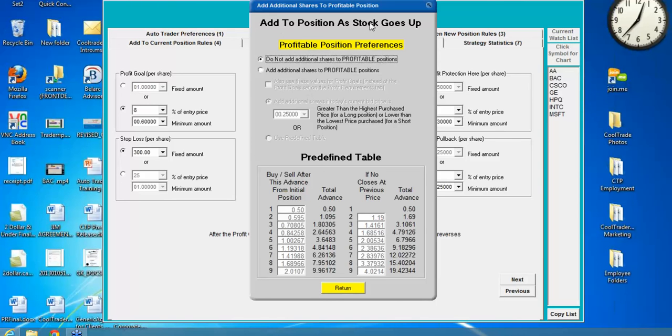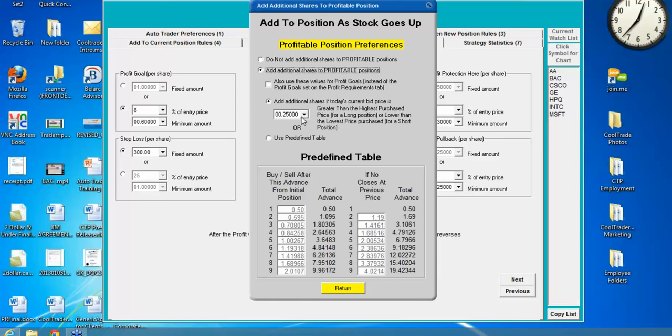But we've got predefined tables in here, and this one here is add additional shares to profitable positions. So if a stock is going up and you wanted to add to your position as the stock is going up, you could use these predefined tables. And you could say, for example, if you were using this feature here, if the stock goes up 25 cents, I want to add another 100 shares.